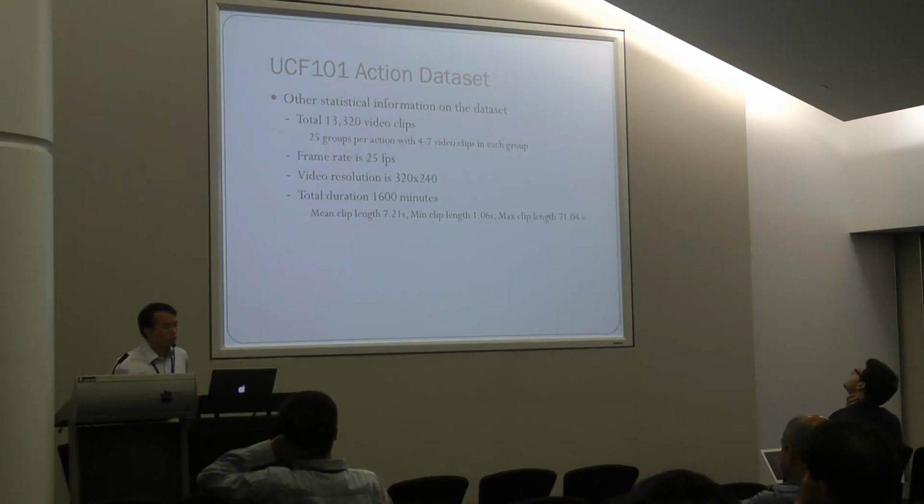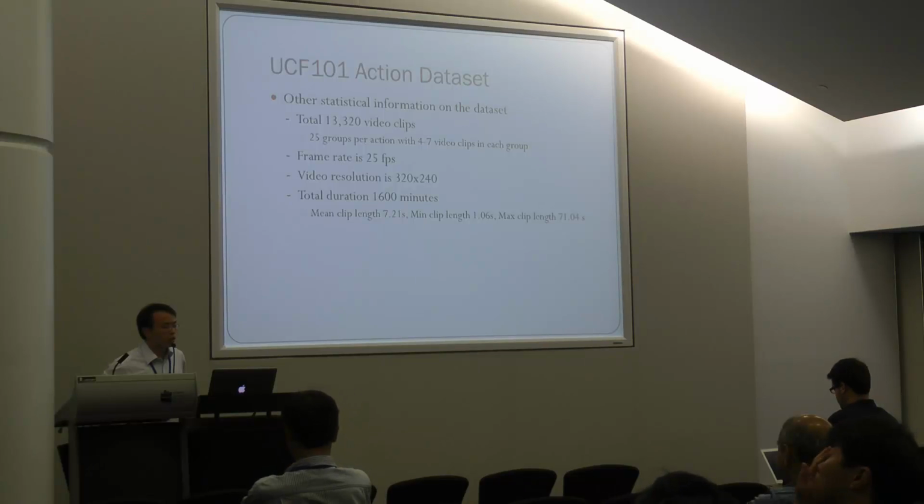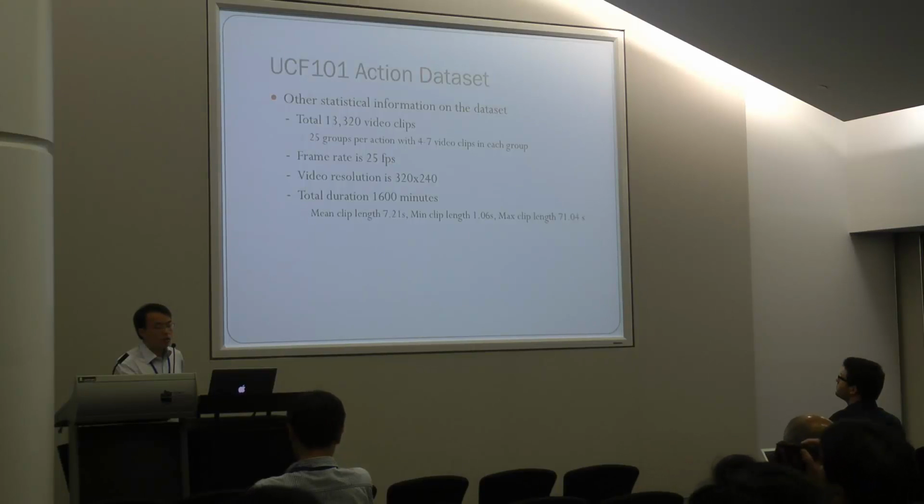In the evaluation, this set has over 30,000 video clips, and in each class there are 25 groups with 4 to 7 video clips. In each group, the videos may share a similar background or the same actors.